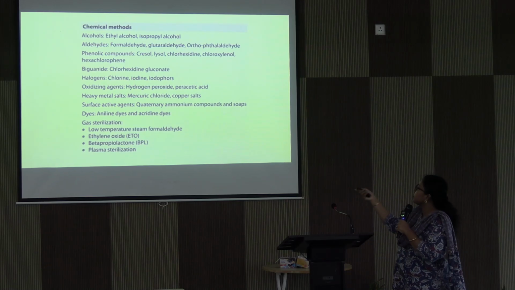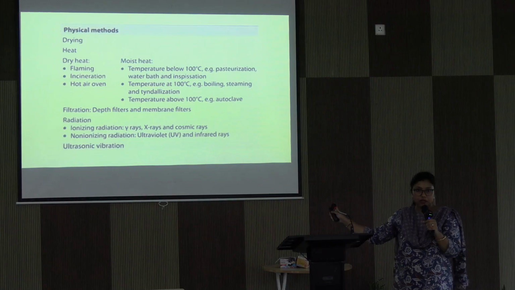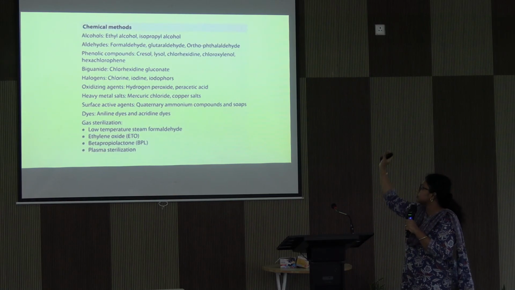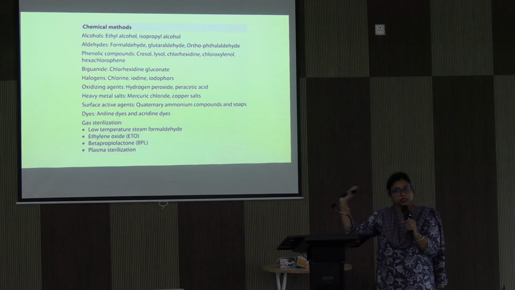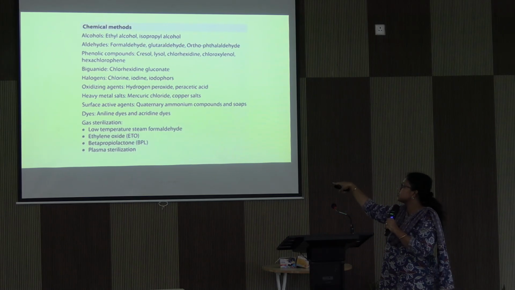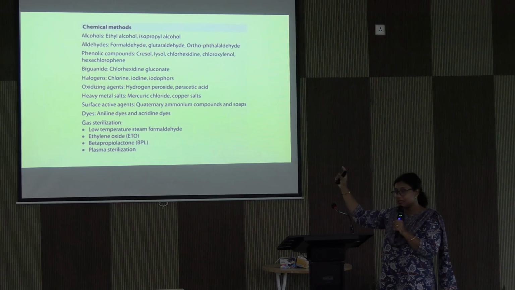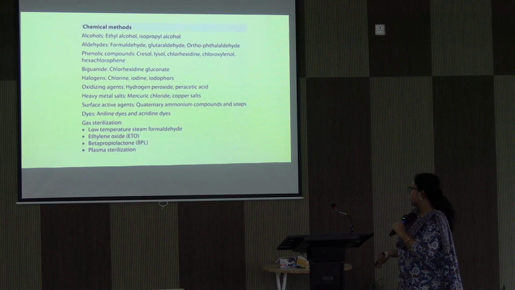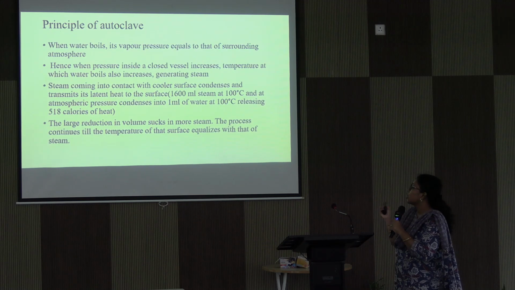More important are the physical methods. Don't leave anything over here. For chemical methods, even if you forget some of the points, it's okay, but at least write the classes and mention these are the chemical sterilants, and this is the gas sterilization method.